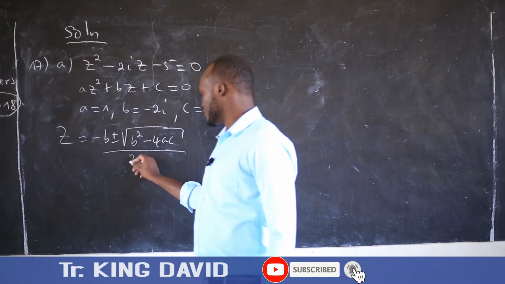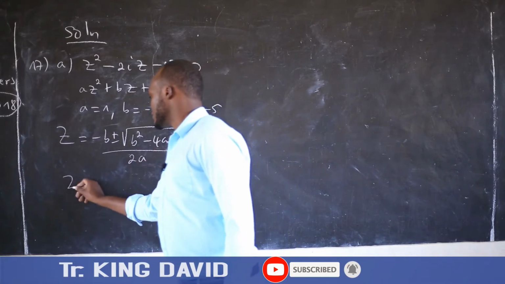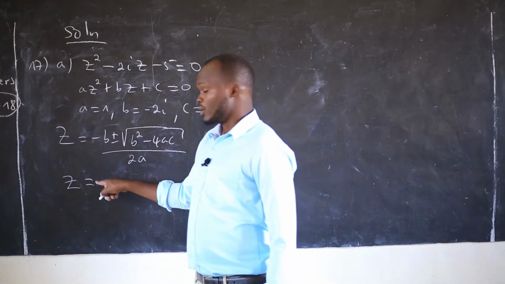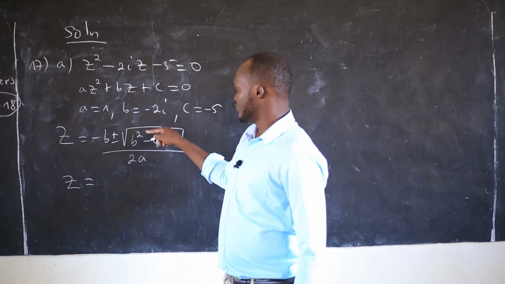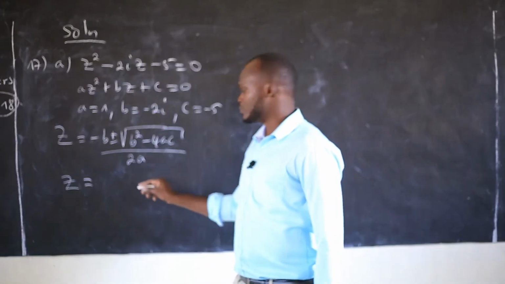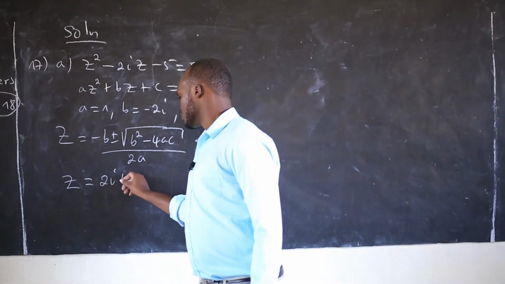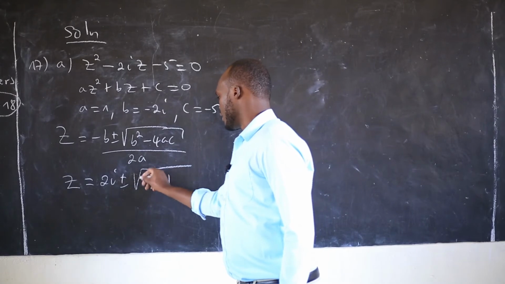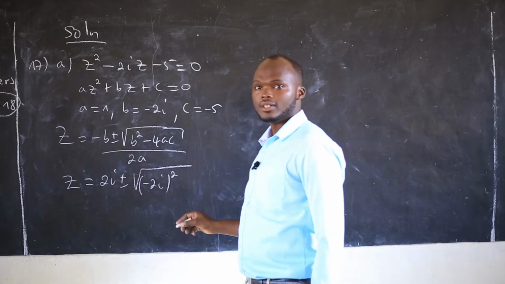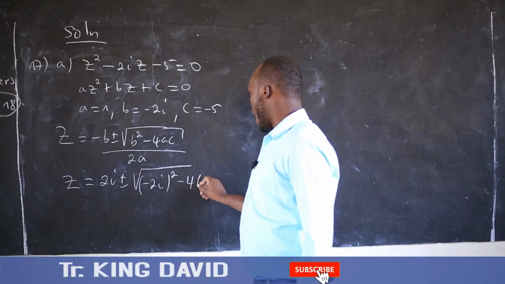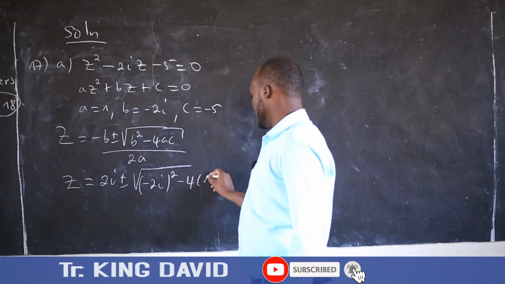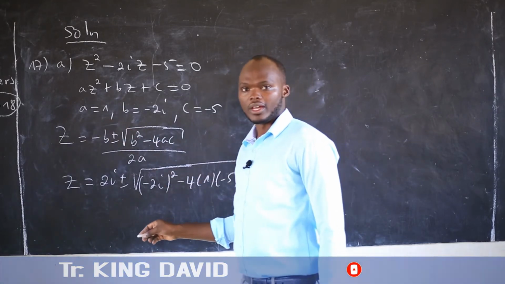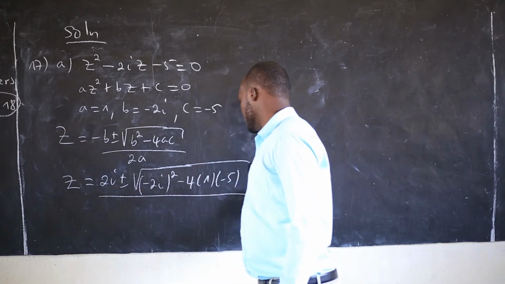divided by 2a. So now the value for z will be equal to, negative becomes positive, 2i plus or minus the square root of negative 2i in brackets squared, because it is b squared here, minus 4 times a, which is 1, times c, which is negative 5, divided by 2a, 2 times 1, that is 2.